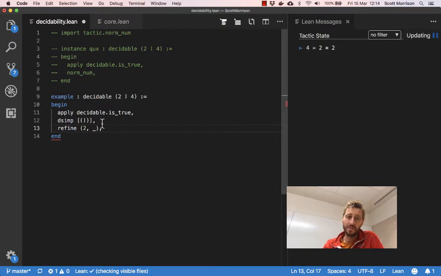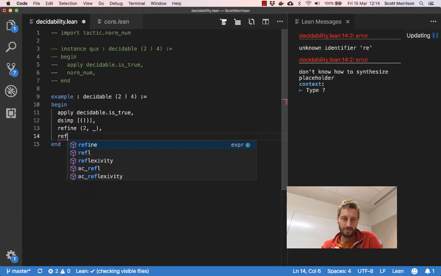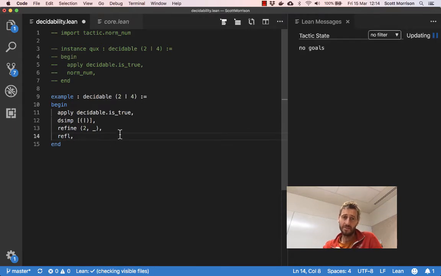Oh, okay, and that worked. So refine is something that is like exact, but you're allowed to have placeholders in it, some underscores, and so that now gives us the proof obligation 4 equals 2 times 2. How do you prove that one? Yeah, rfl is probably good. Great. Okay, so we could give an honest proof of decidability there.